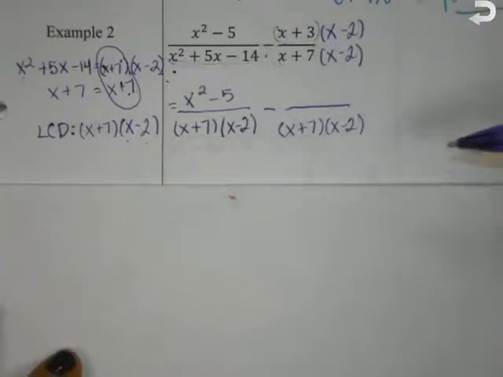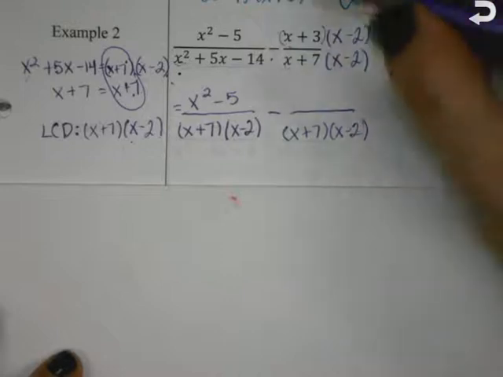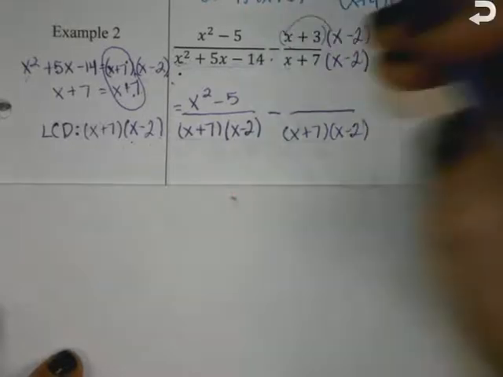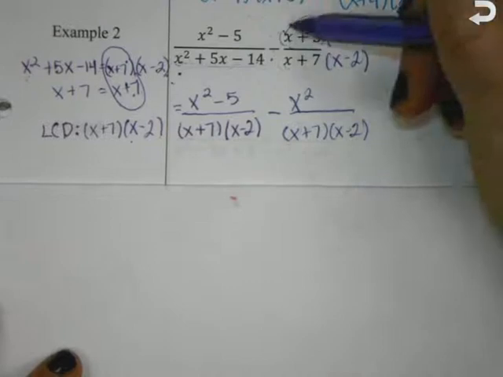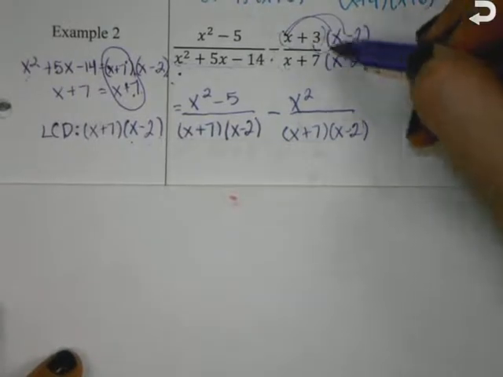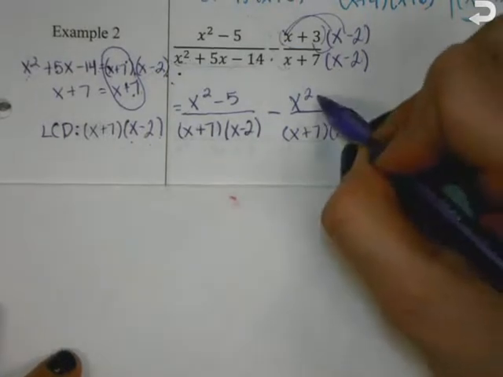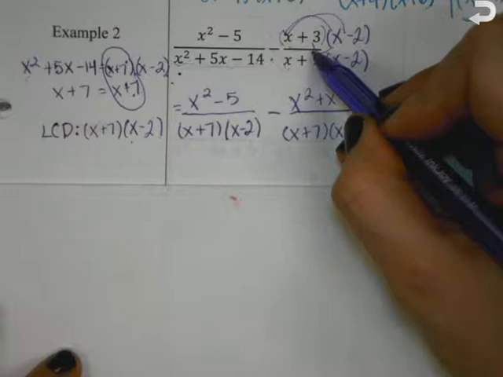Foil or box? I'm going to do it in my head, if that's okay with everybody. X times x gives me x squared. X times negative 2 is negative 2x plus 3x gives me what? Negative 2x plus 3x. Positive x. And 3 times negative 2 gives me negative 6.